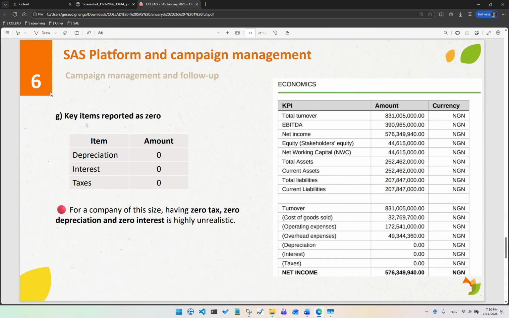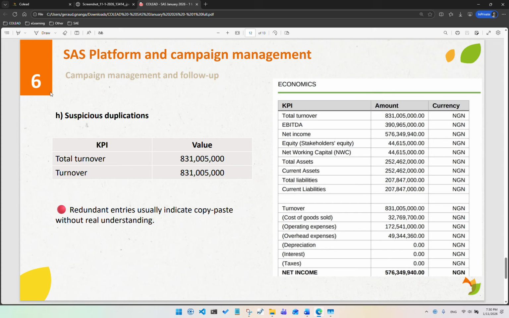Also, I want to draw your attention to suspicious duplication, such as total turnover being identical to turnover, which often results from copy-paste and reveals poor understanding of financial indicators. This is why it's important for some specific parts of the SAS to tell the partner beneficiary to have records on hand that they can put directly on the platform, or put the right person on the right section to record the right data in the system.